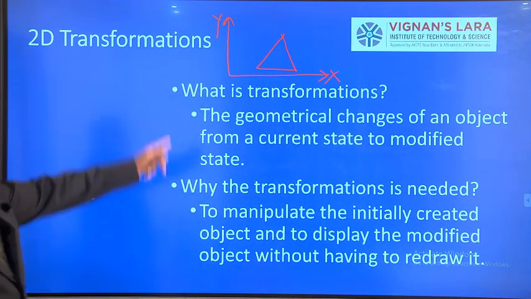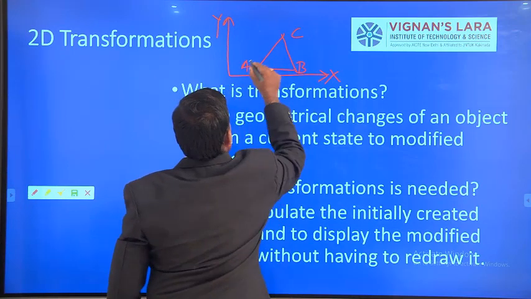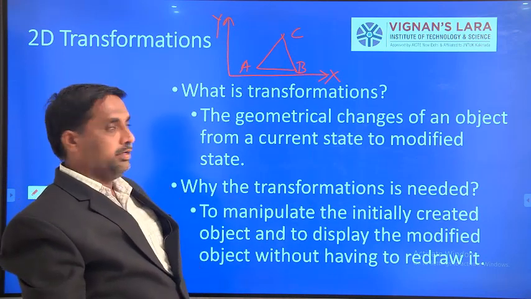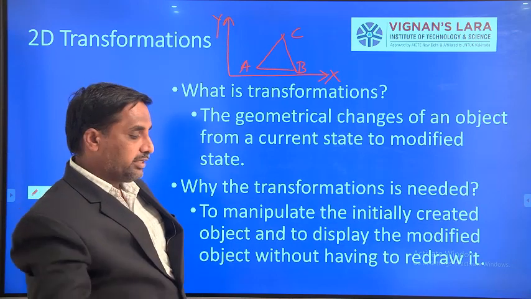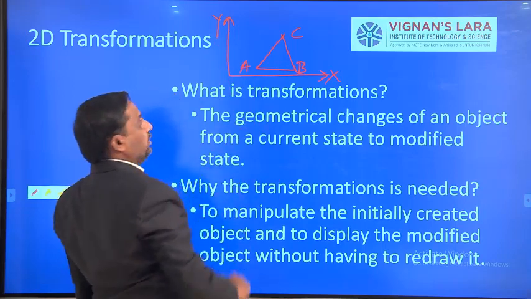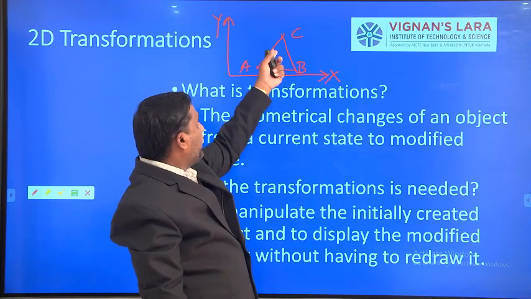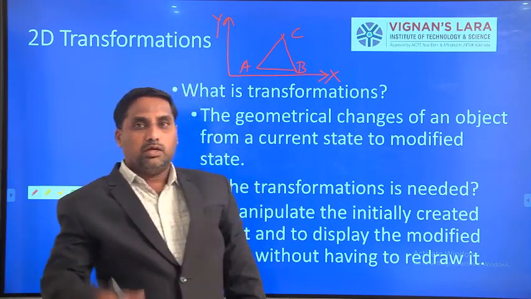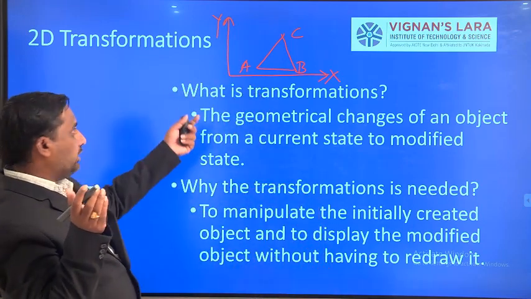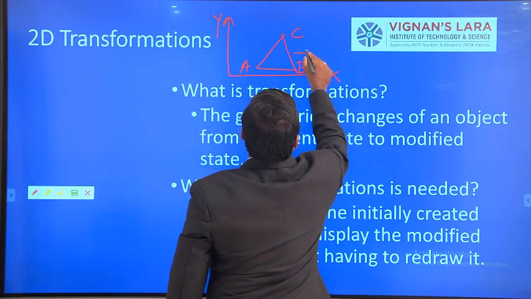I am considering one triangle, named A, B and C. Suppose we generate an image on the CRT screen. You know that in the raster scan system, we divide the screen into X direction and Y direction. Similarly, you can generate the image like this. This is the ideal or initial state of the triangle, but we require a modified state of the triangle ABC. It may be translated to another location.